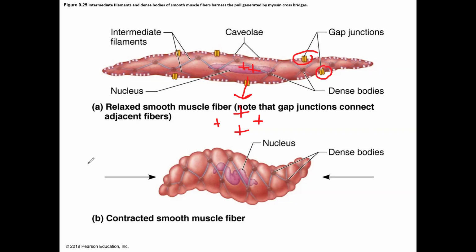The other thing is, you do not have voluntary control over smooth muscle like you would with skeletal muscle. Smooth muscles only have one nucleus per cell. If you recollect, skeletal had many. Smooth muscle also has proteins called intermediate filaments that will allow the muscle to recoil after it contracts.